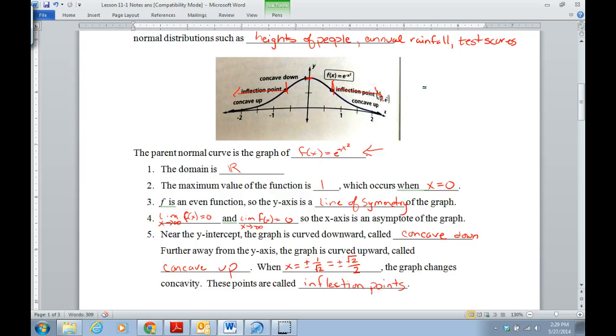These two points right here are the inflection points. How do we know where it is on the graph? So for this function, the inflection points are at plus or minus 1 over square root of 2.